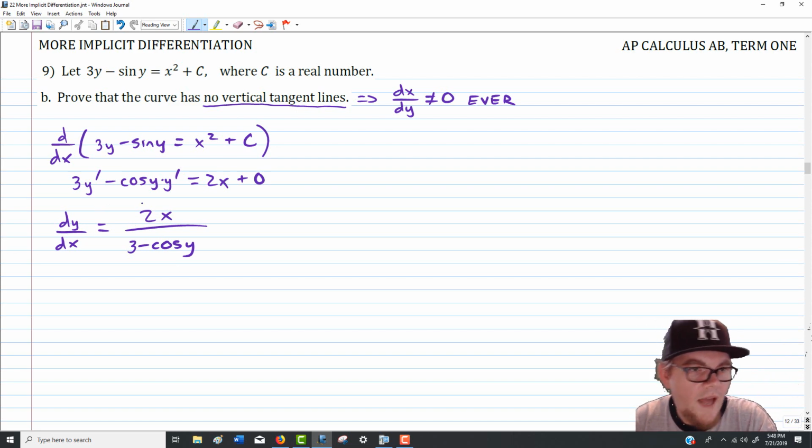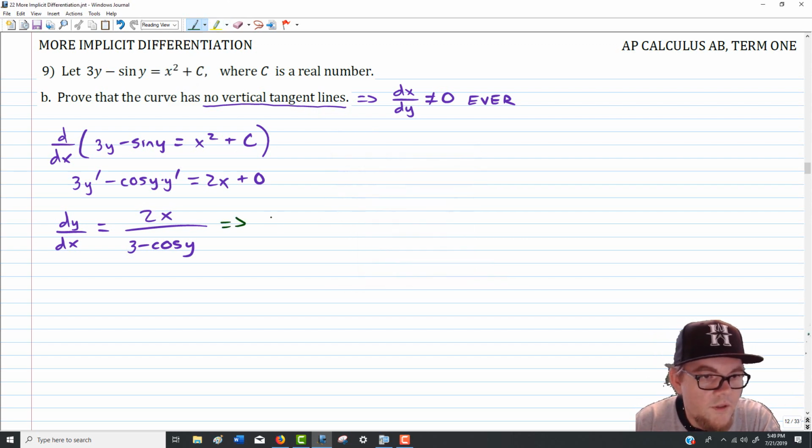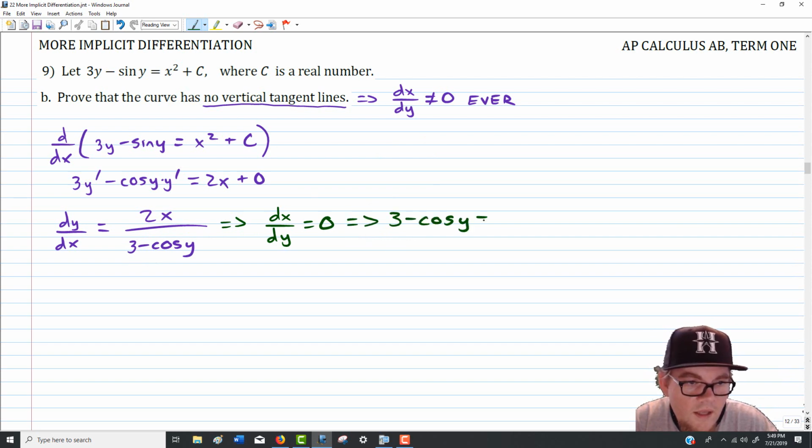So the question we were supposed to ask was, when does dx/dy equal 0? If dx/dy equals 0, that would be the same as telling us that the denominator equals 0. So can we solve this equation? And the answer, of course, is no. Cosine of y is between 1 and negative 1.